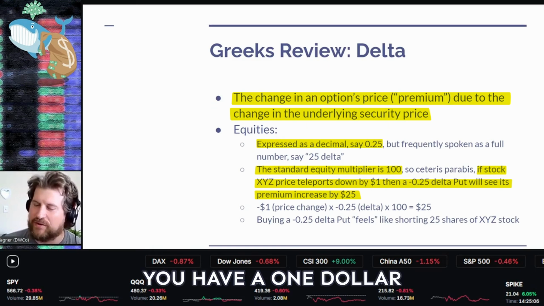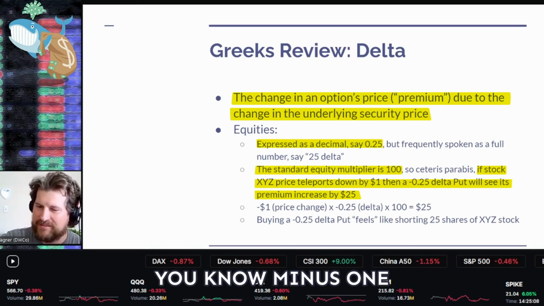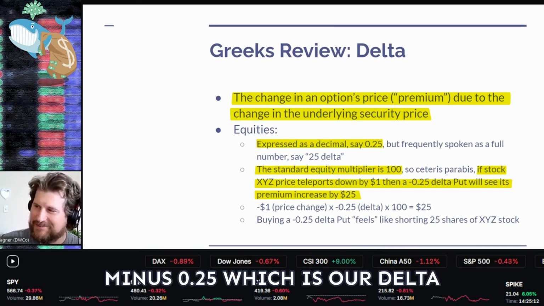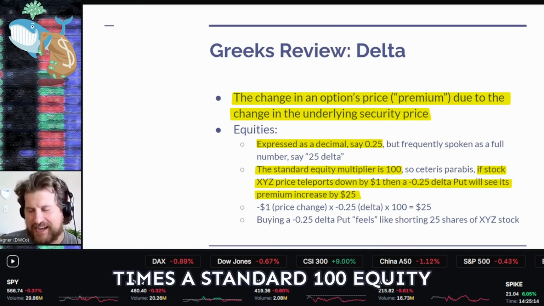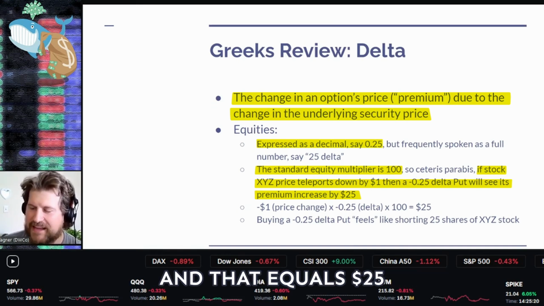You have a minus $1 price change times minus 0.25, which is our delta, times a standard 100 equity multiplier for equity options, and that equals $25.